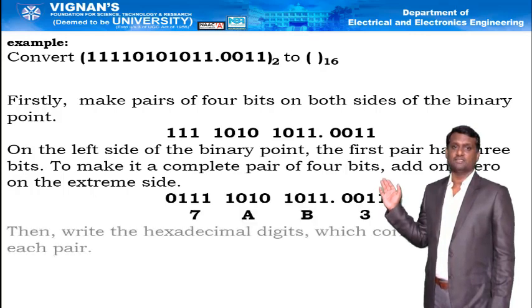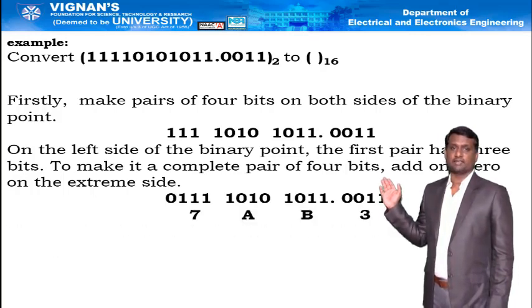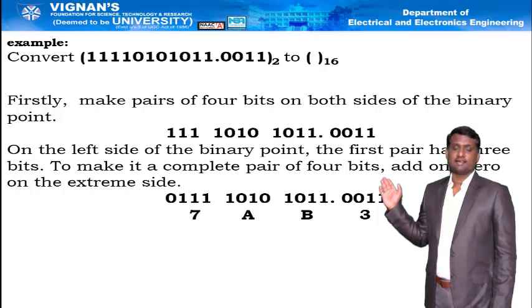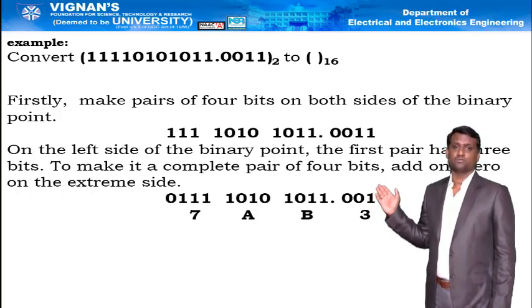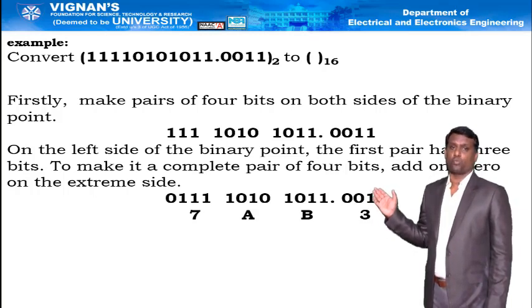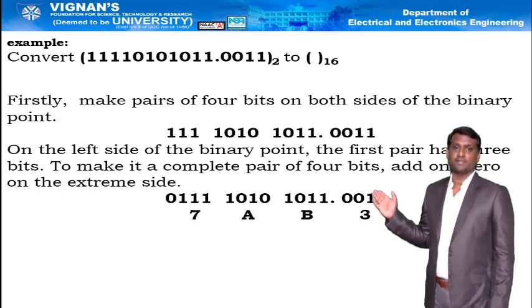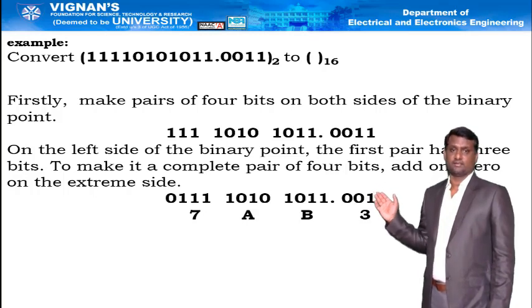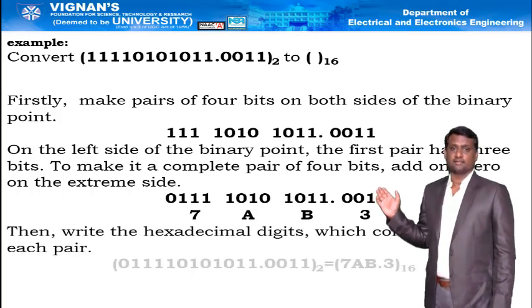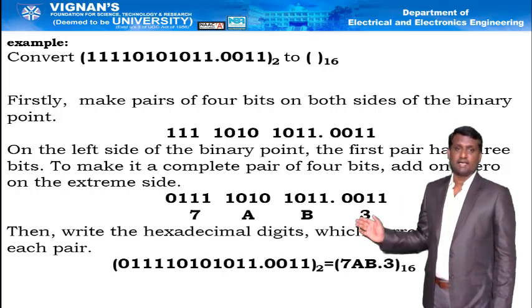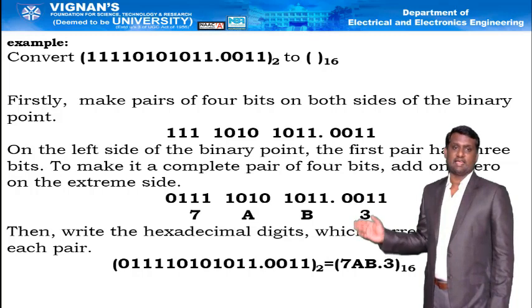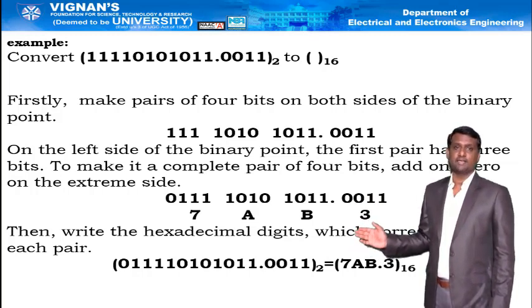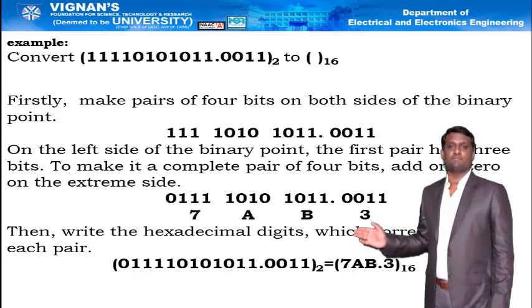After adding the 0, the equivalent hexadecimal digits are seen here: A for 1010, B for 1011, and 0111 represents 7. So the equivalent hexadecimal number for the given binary number is 7AB.3.